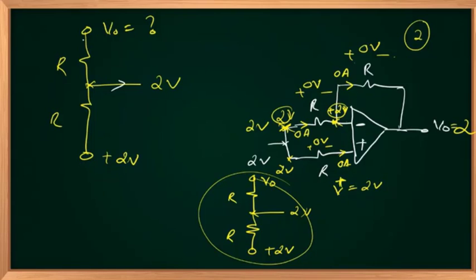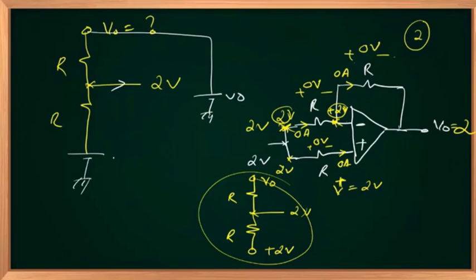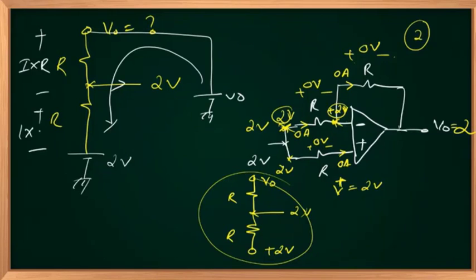And this V out will appear as this node to ground. These 2 volts will appear like this with respect to ground. And I have the same current in the circuit. That current will make an I times R drop here, and another I times R drop here. So if you add plus or minus IR along with 2, I will get V out.